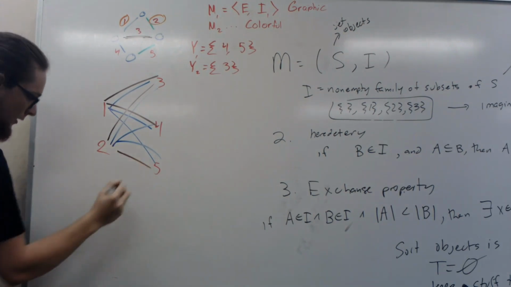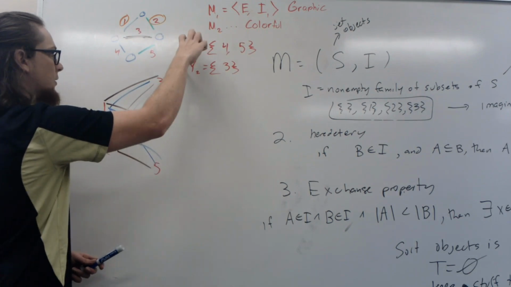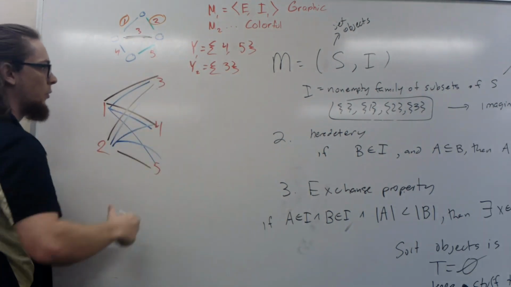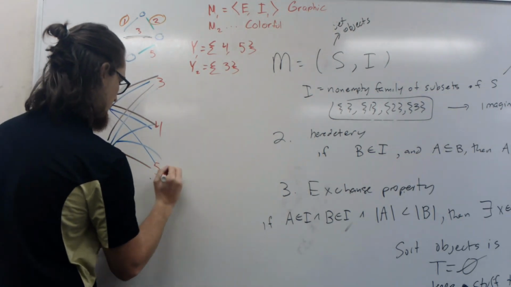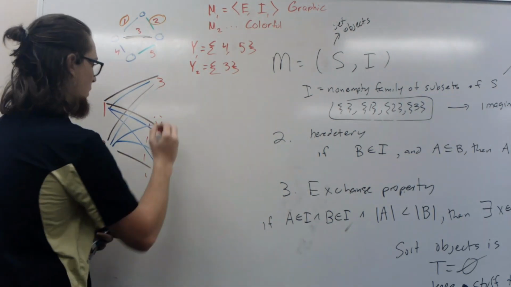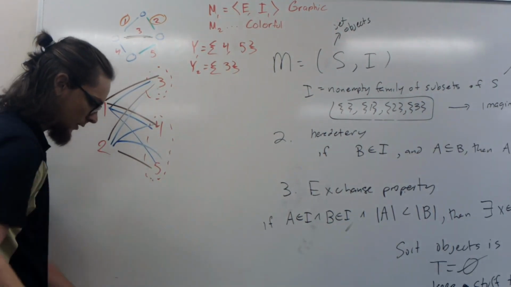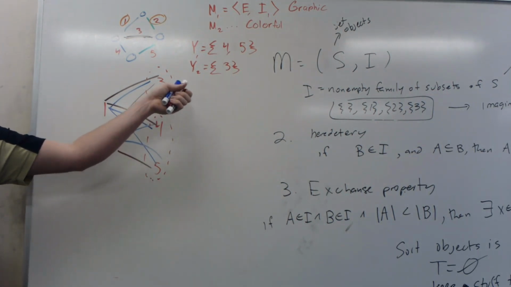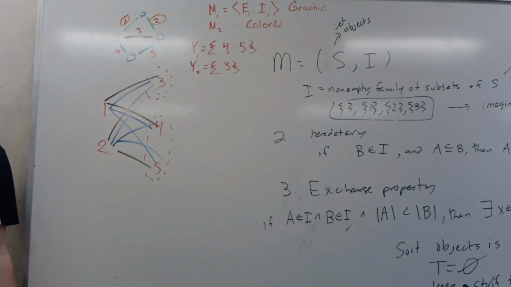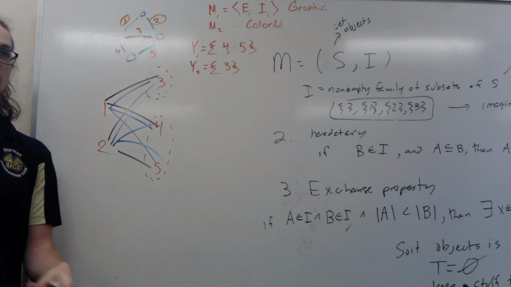Now I'm going to circle on this side Y1 and Y2. Y1 is 4, 5, and Y2 is 3. So now we know there's a proof that says if these are both not empty, then we will be able to add something to our independent subset, by perhaps removing some other stuff and adding some more stuff.